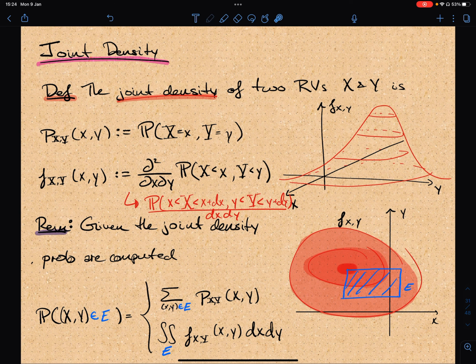And we have to have the condition again that if you sum or integrate over all possible outcomes of x and y, dy dx, then this is going to be equal to 1. This really means that the probability that x and y are in R is 1, so that anything could happen.